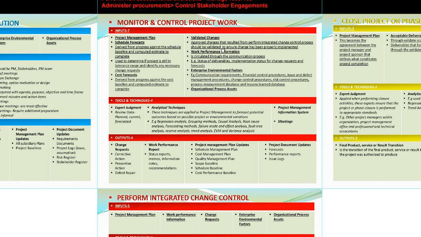Are there any changes during the project? If there are changes, how do we manage these requests? What techniques are we going to use to control and manage and monitor the project? So we will be going through all these tools, techniques, and inputs later on more in detail.